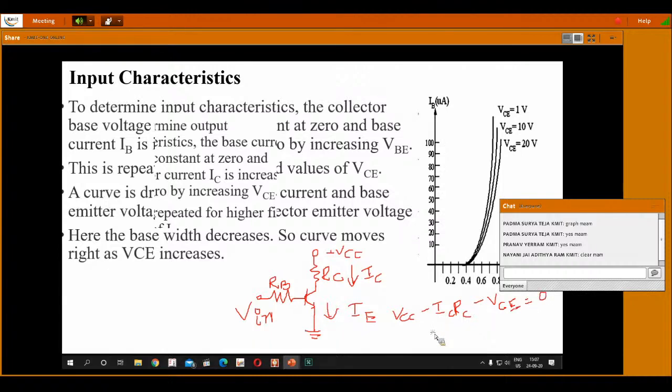Now the collector current IC is equal to VCC minus VCE divided by RC.